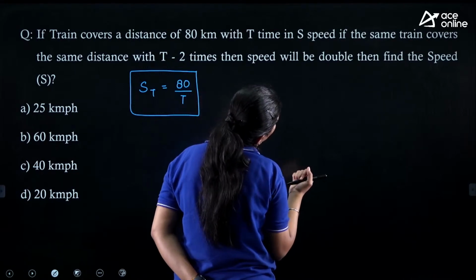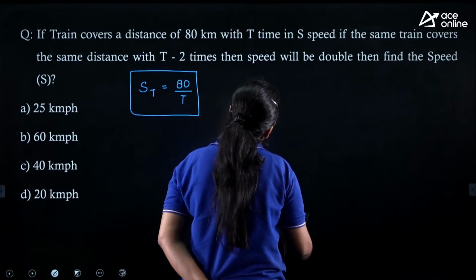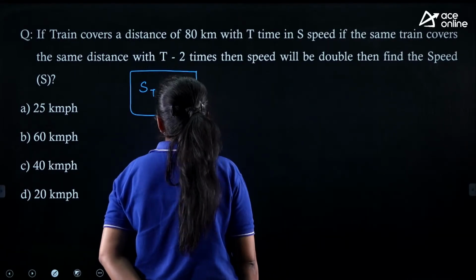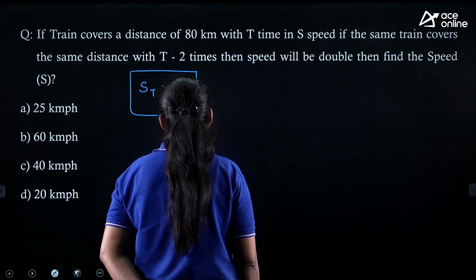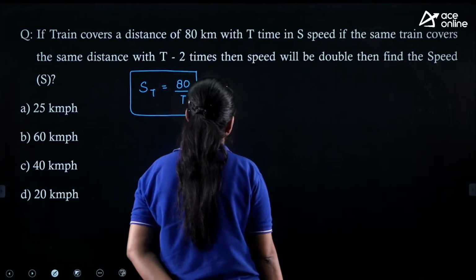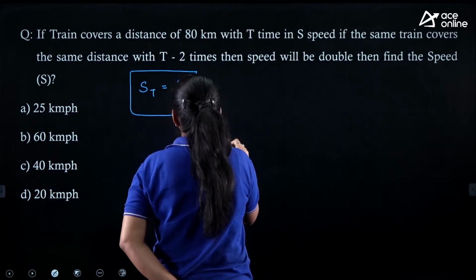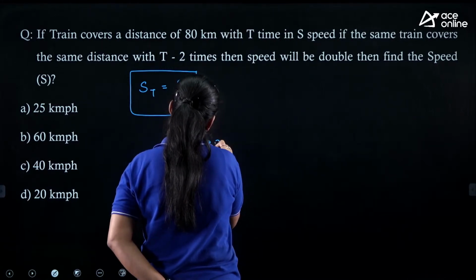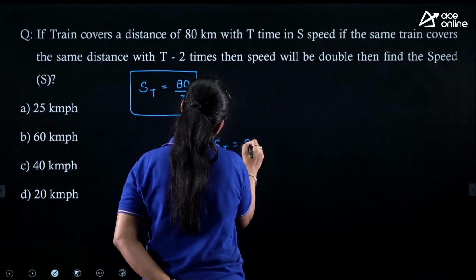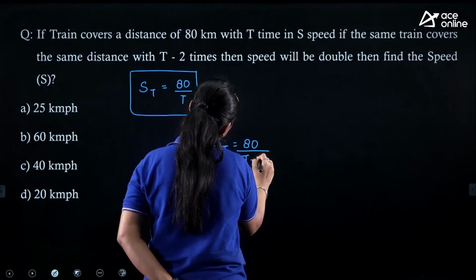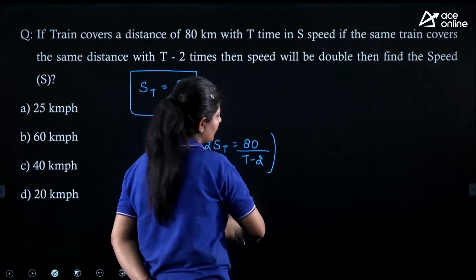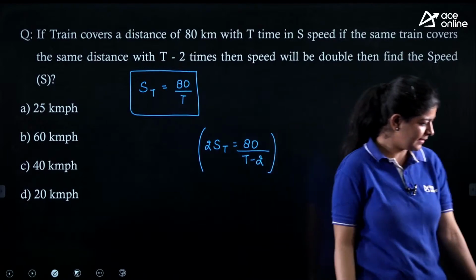The same train covers the same distance with t minus 2 time, then speed got doubled. Okay, so 2s is nothing but 80 divided by t minus 2. This is what the question is trying to say, I guess, right?